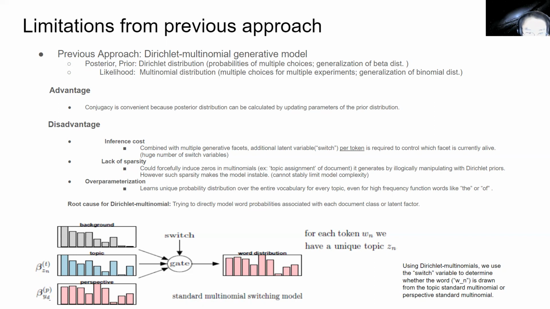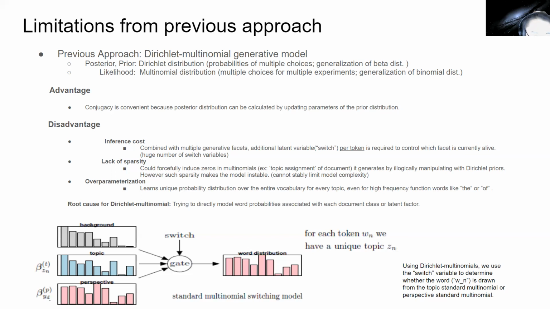For example, let's say that we want to figure out the distribution of the word A. For that word A, we determine whether the topic facet or the perspective facet is responsible, and then copy and paste that bar, which is the word distribution for that particular word, over here.